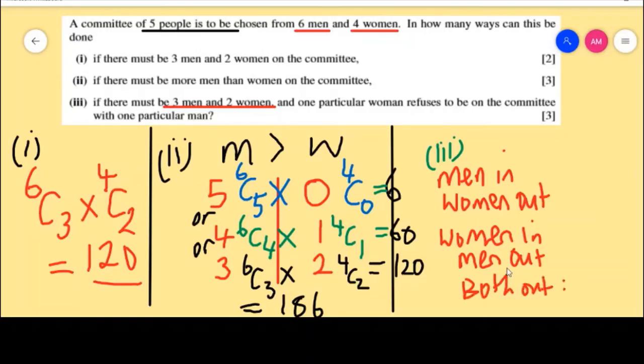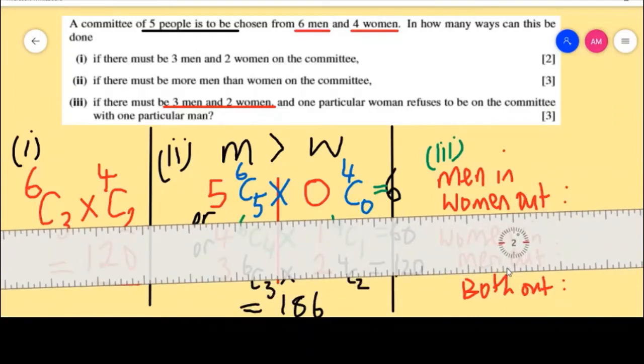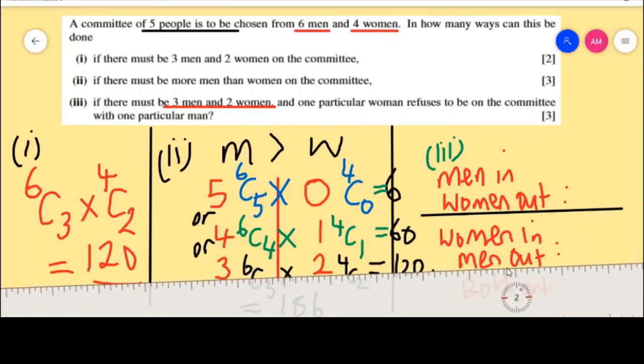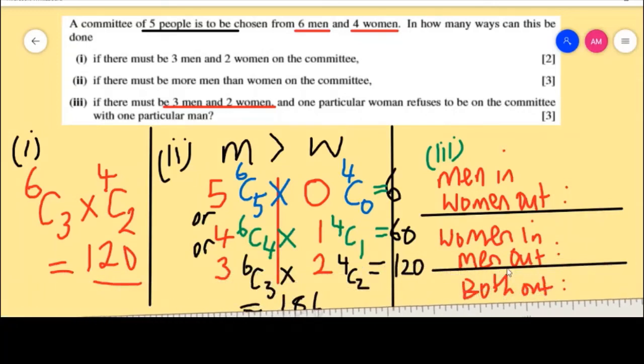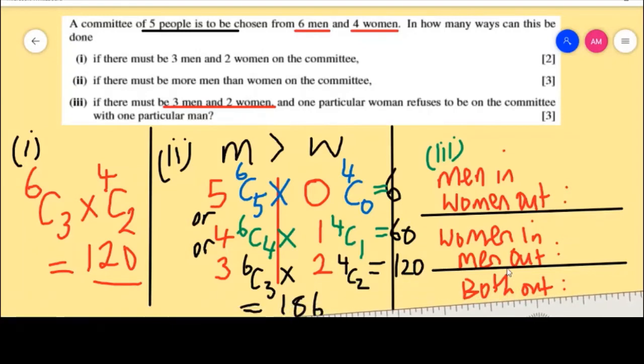Right, so I've got these cases here. I'm going to do these cases separately, so I'm going to divide here and then do the cases separately. So this first case here and that case here and that case there. All right, so the final case here, which is that one.